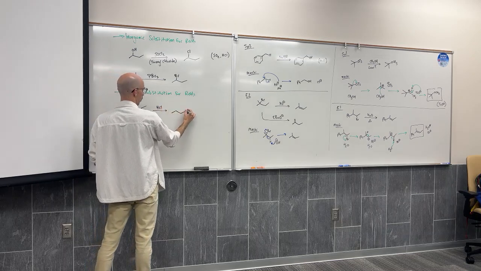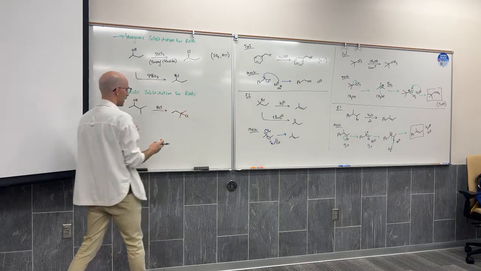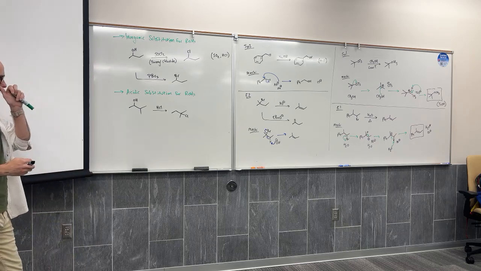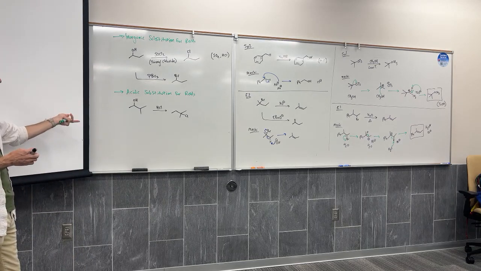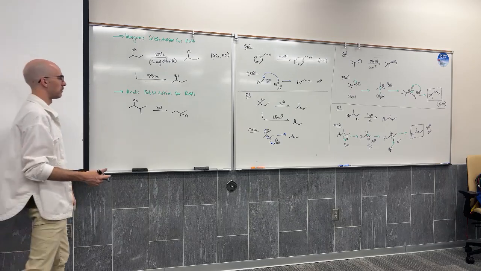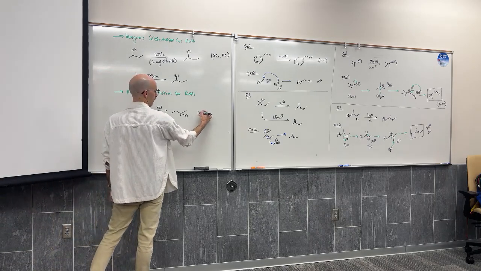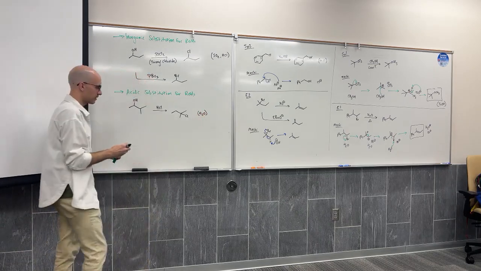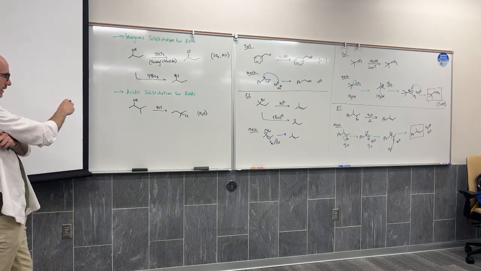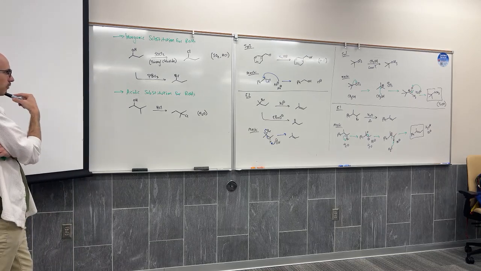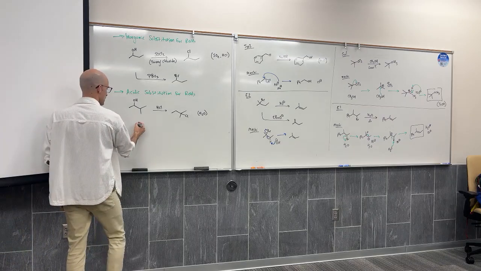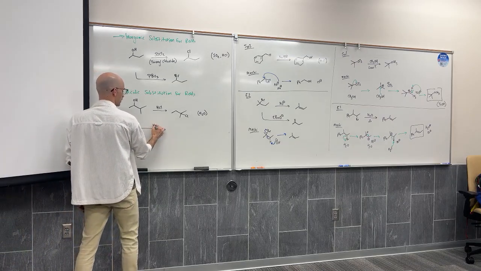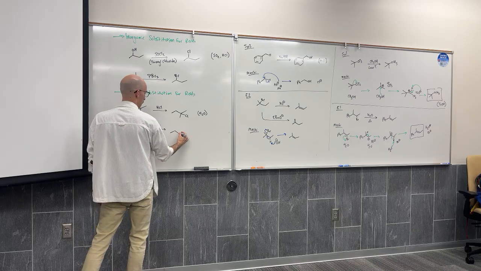If I take an alcohol and I react it with HCl, then I will protonate the alcohol, which kicks off a molecule of water. And this does so in an SN1 mechanism, we can see that it's SN1 because of the rearrangement. And we can do the same thing with HBr.